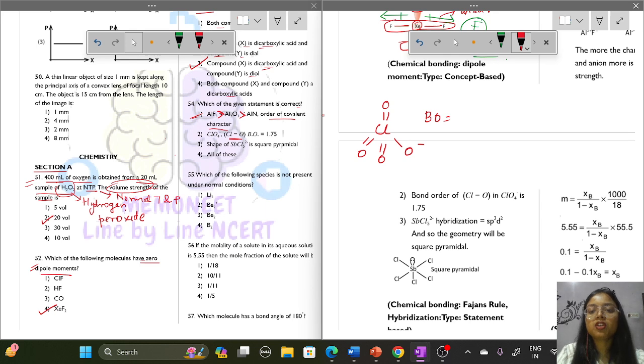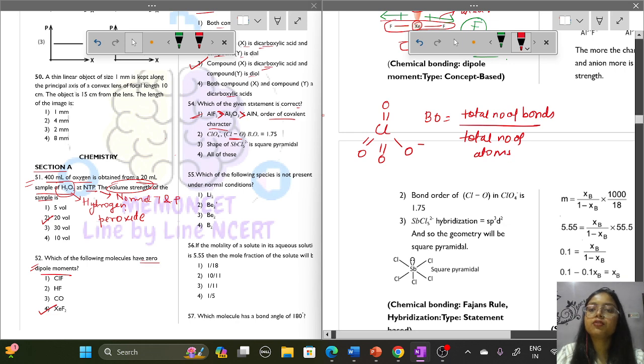What will be the formula of bond order? The formula for bond order will be total number of bonds by total number of atoms.